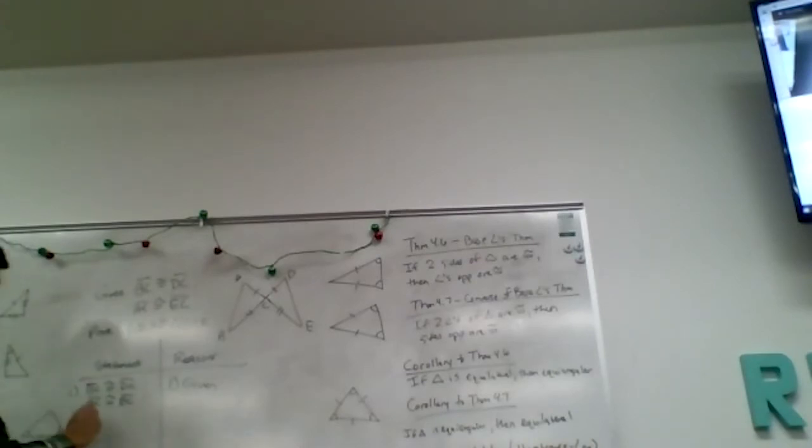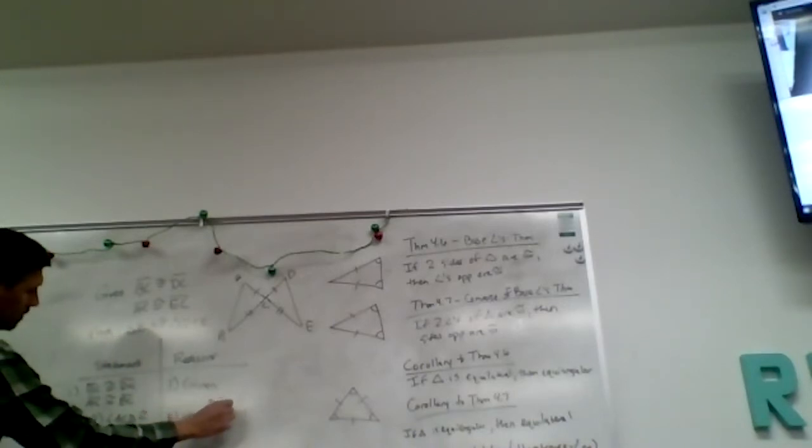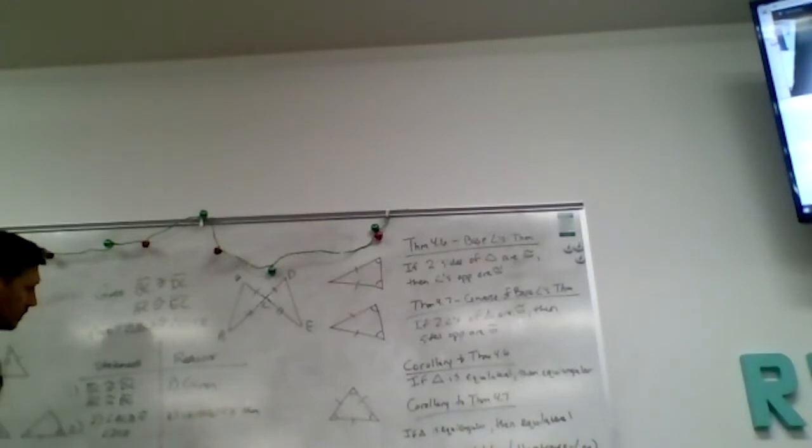Vertical angles theorem. So number 2. I'm going to say that angle ACB is congruent to angle DCE, and that's because of vertical angles. Put 3 instead of 2.